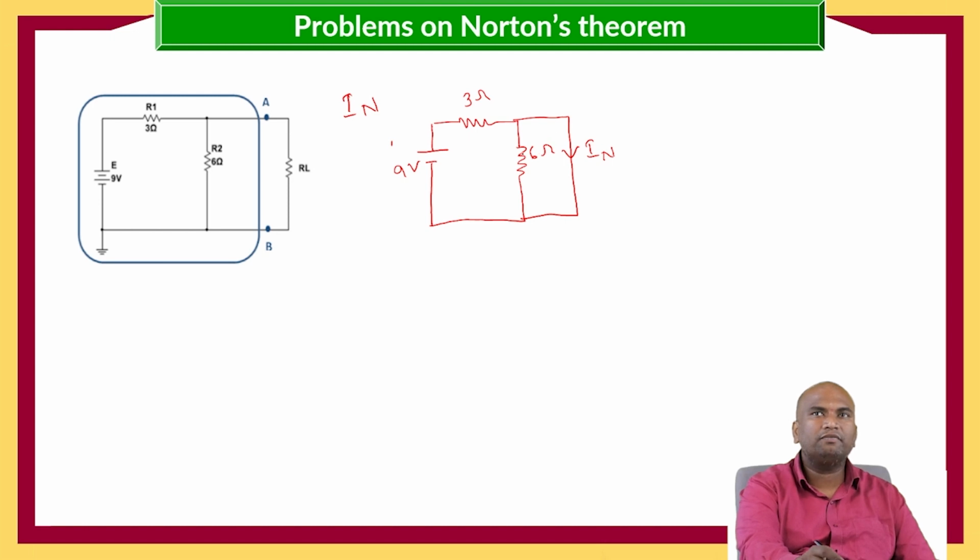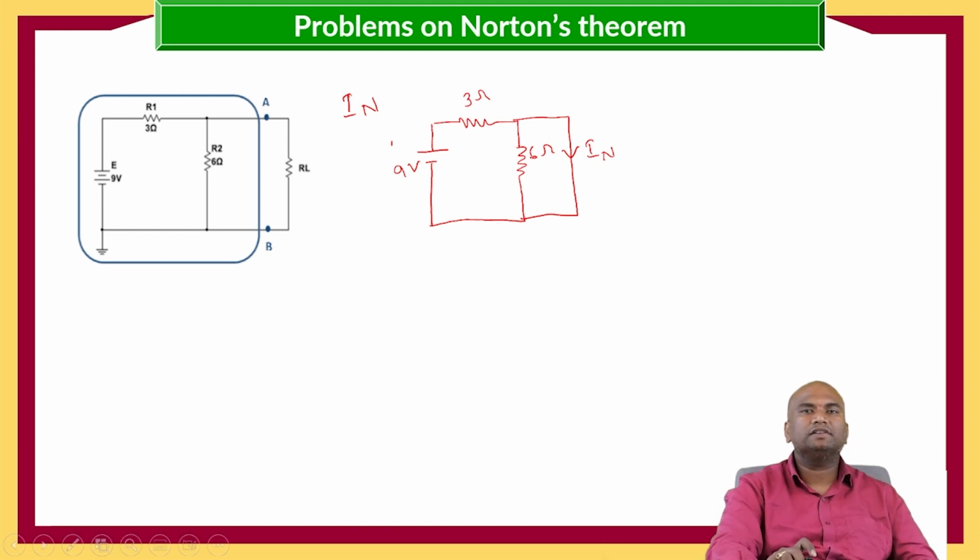So this will nullify this 6 ohms because a short circuit is nothing but a zero resistance. When a zero resistance is in parallel with any resistance, that will make zero because the parallel resistance is equals to R1 R2 by R1 plus R2 and that value will become 0.